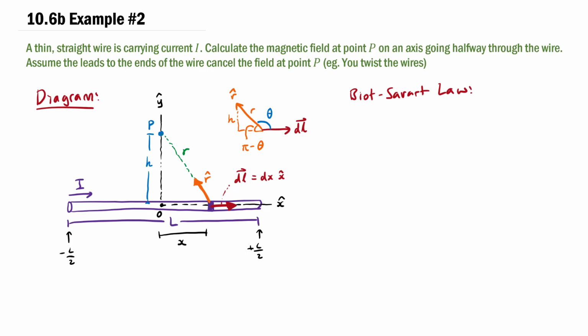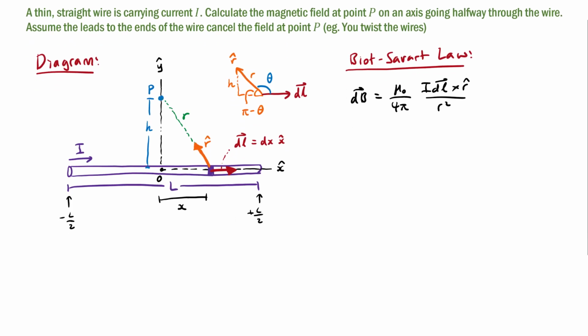So let's start with the Biot-Savart law. I usually just start by writing out what dB is, so it's just mu naught over 4 pi, and I have I dl crossed with r over r squared. What are some things that we know already? First of all, I'm going to put an aside on the left so that we can continue our math on the right.